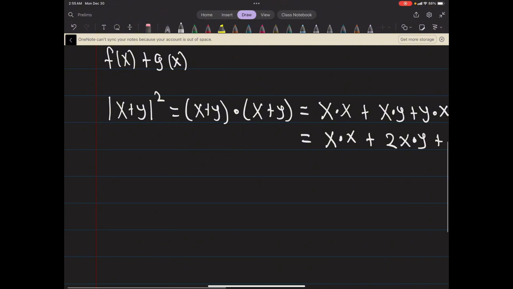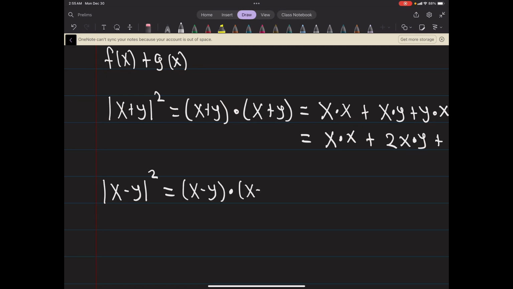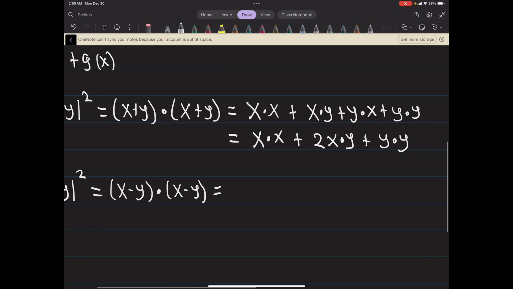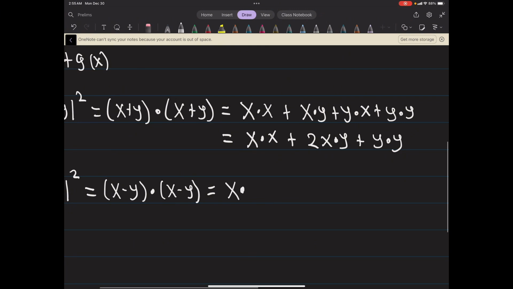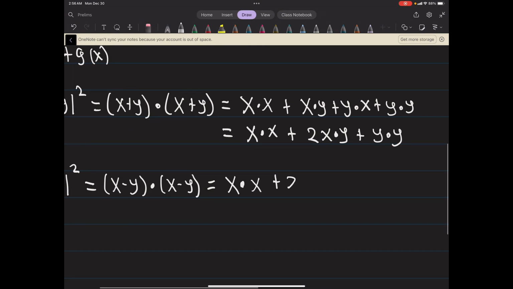Additionally, we could do something very similar with x minus y. And you're going to get x minus y times x minus y, and you're going to get x dot x minus 2 x dot y plus y dot y.